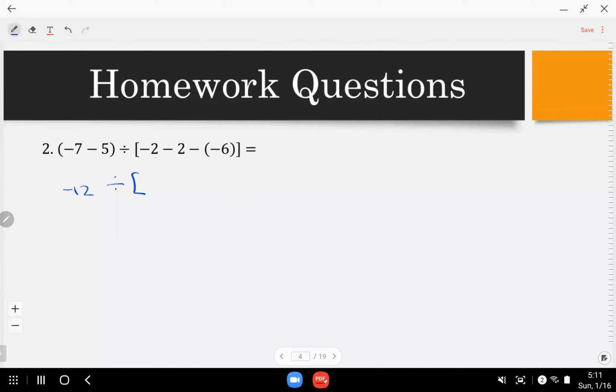So we do it left to right. Then it's very easy from now. So it's going to be -2 minus 2. It's going to be -4 and minus -6. And if you have 2 of these negative signs here, you minus a -6, that's basically adding 6. So you can see that we have -12 divided by 2 here, which is -6.